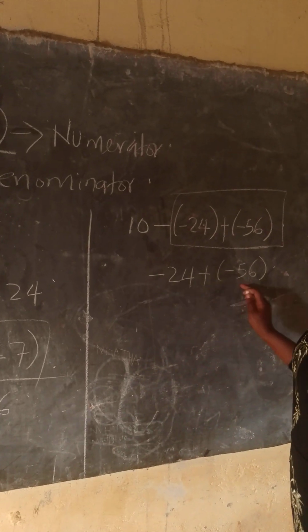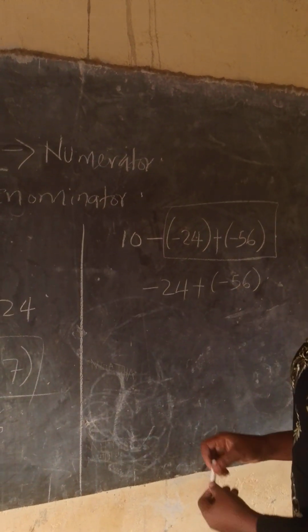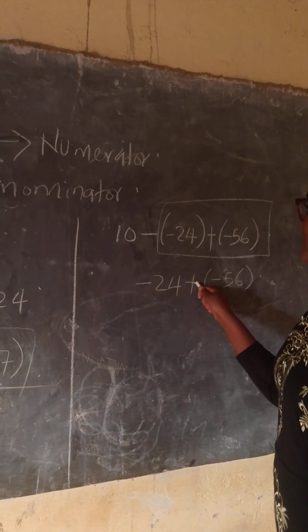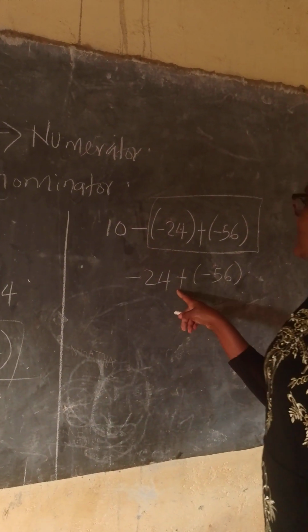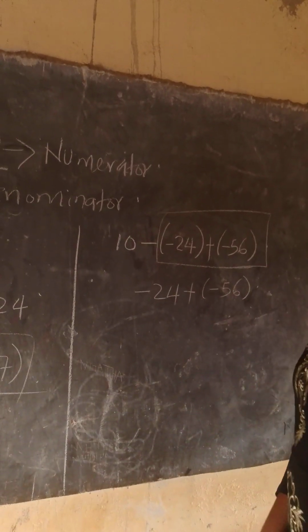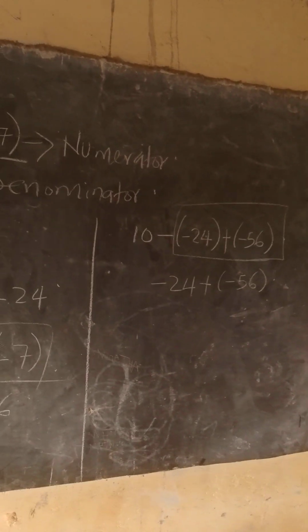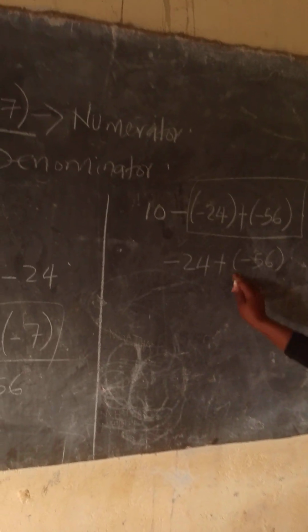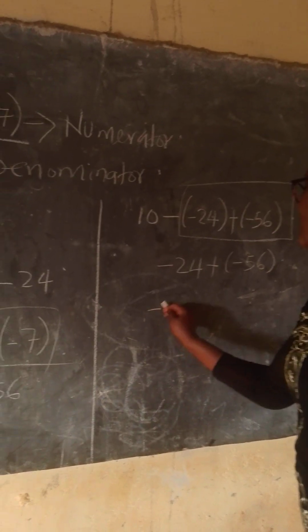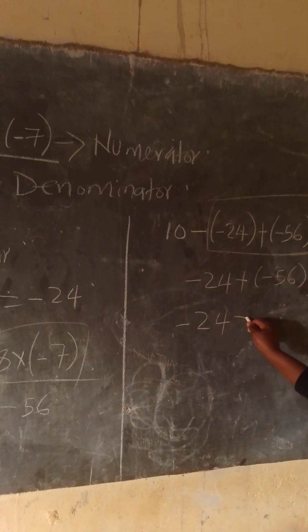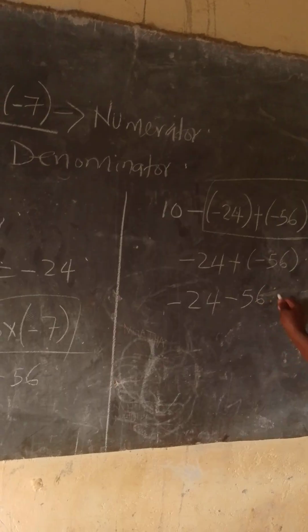Here we have two signs following each other. Addition and subtraction should turn out to be subtraction. So this will be negative 24 minus 56.